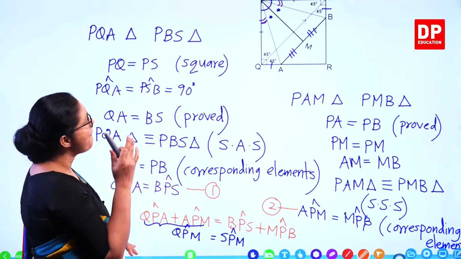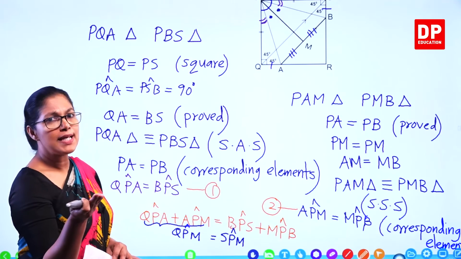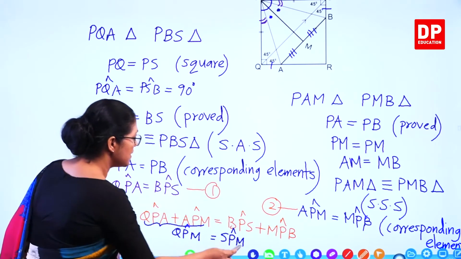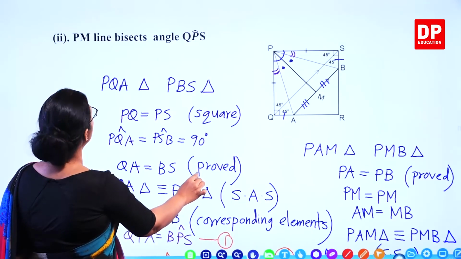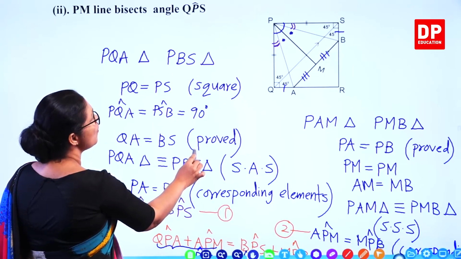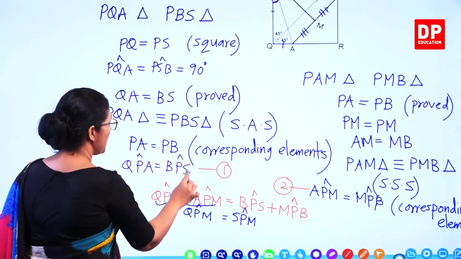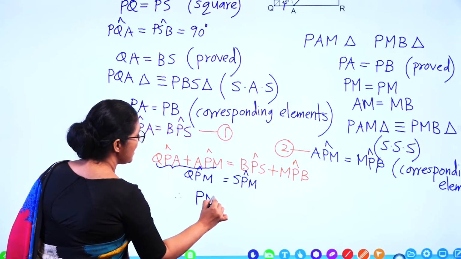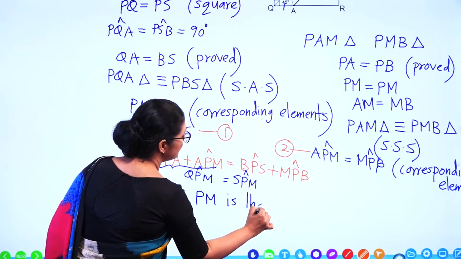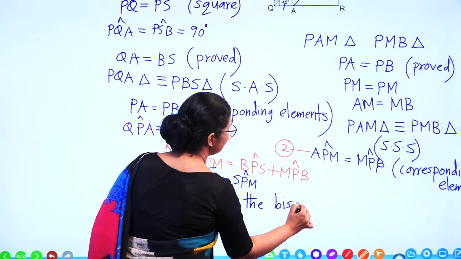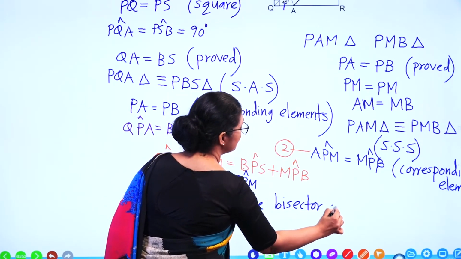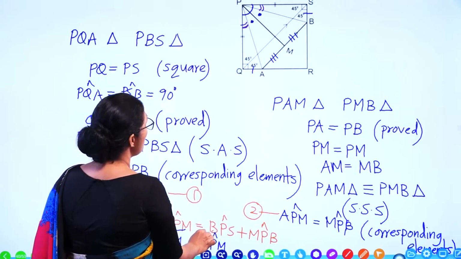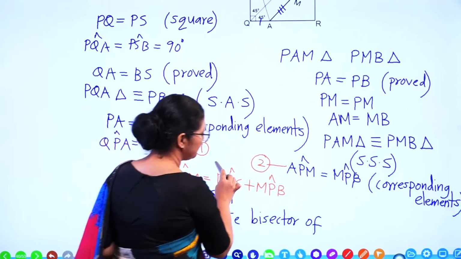That means PM is the angle bisector. So you can easily write down PM is the angle bisector. So that's what we need to prove. PM line bisects the angle QPS. So we can write, therefore, PM is the angle bisector of QPS.